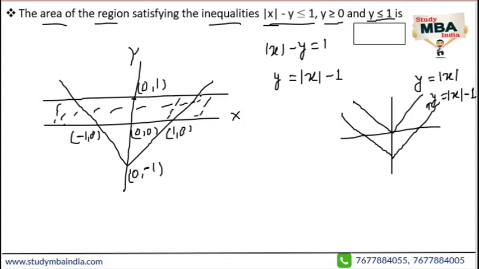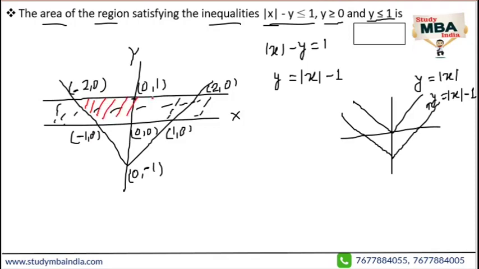Similarly, at this point y equals 1, and we have to calculate x. At y = 1, |x| will be 2, so this point will be (2, 1) and this will be (-2, 1), right? So we have to find the area that satisfies y ≥ 0 and y ≤ 1, and also |x - y| ≤ 1.